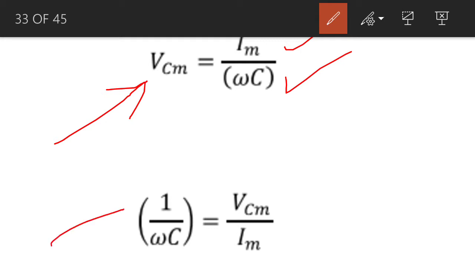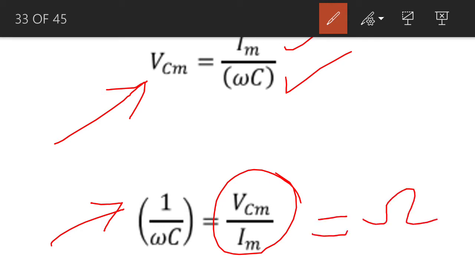So 1 over omega C will be equal to the ratio on the right hand side. We have the ratio of the maximum value of the AC voltage across the capacitor to the maximum value of the current, and this ratio gives you the unit of ohm. So this is the resistance which is offered by a capacitor to the flow of current.